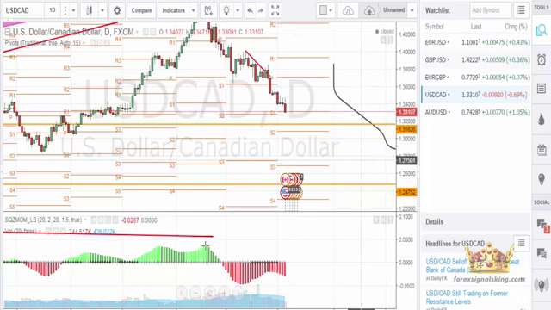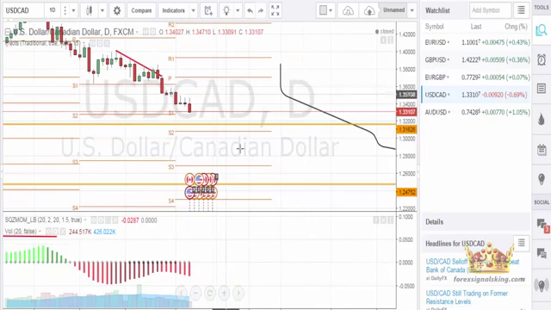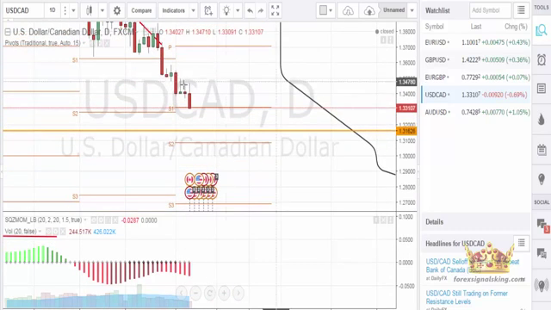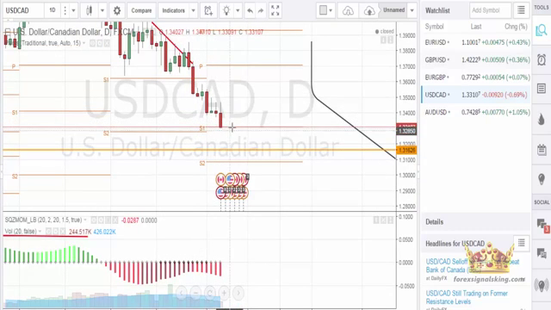So right now we're gonna take a look how or where we're gonna receive our first target. So on the day time frame, we're expecting maybe the next 2 days it will be two consolidating candles like this, and then one big boom downward candle.